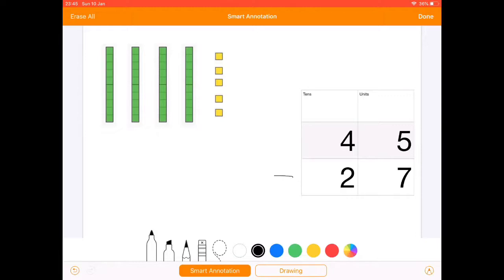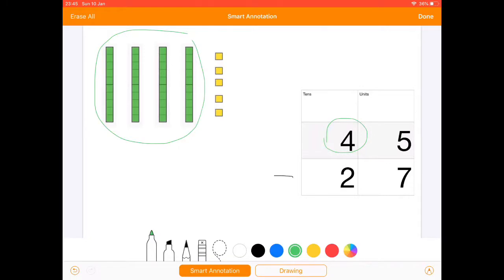So the green ones, the long ones, they represent the tens. If you look really closely, you'll see that there are 10 little squares that make up that. So we have 4 tens, 4 of them. There's 4 there and there's 4 in my question, 4 tens.